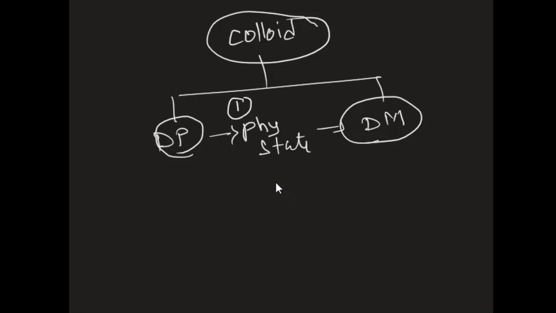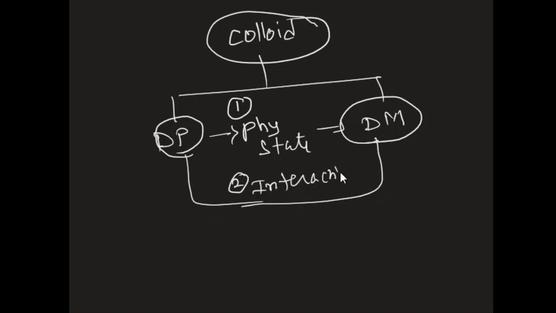Secondly, the nature of interaction between dispersed phase and dispersion medium. So we can classify based on the interaction between dispersed phase and dispersion medium. Okay. And third, this can further be classified based on the particles of the dispersed phase.